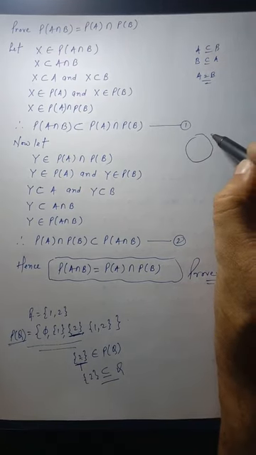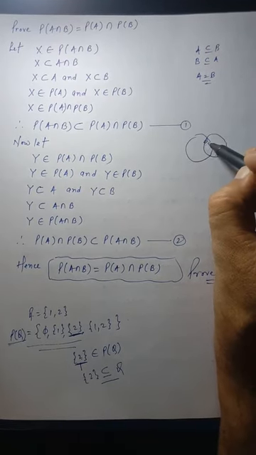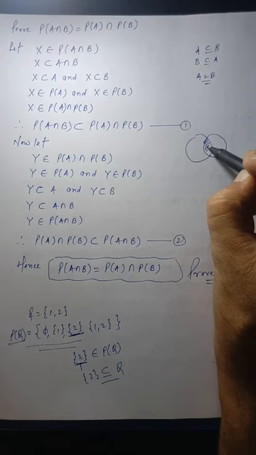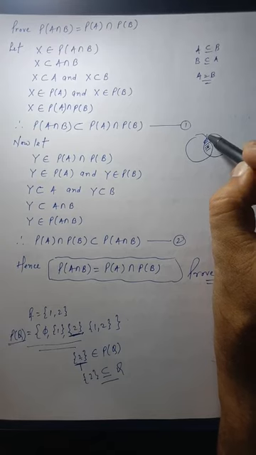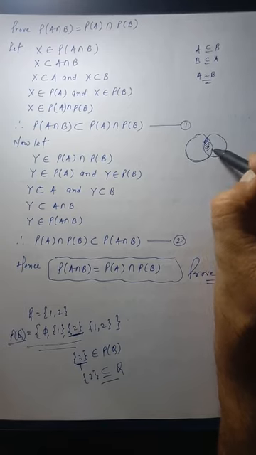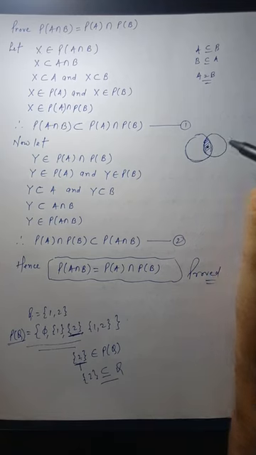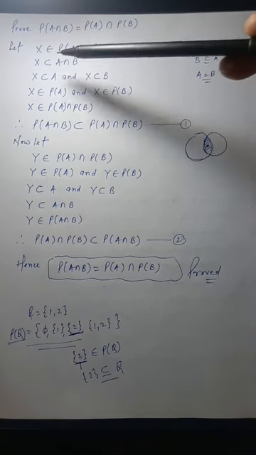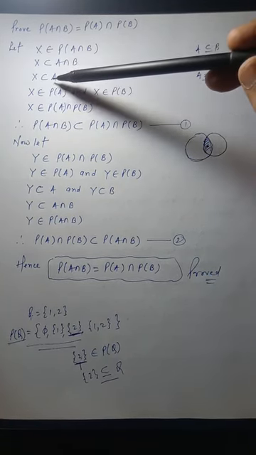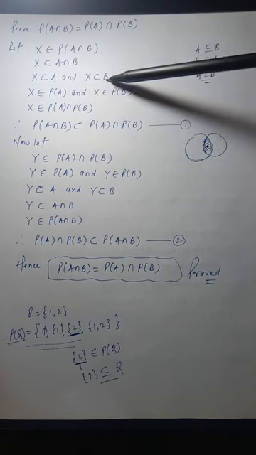See, this is A, this is B, this is the intersection part. So when X is a subset of A, obviously, because this is a part of A, and this same part is a subset of B also. So when X is a subset of A intersection B, X is a subset of A and X is a subset of B.